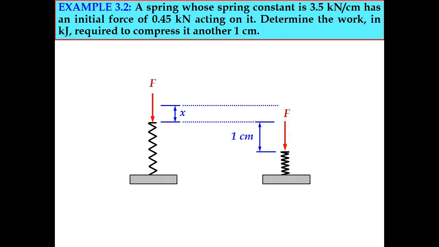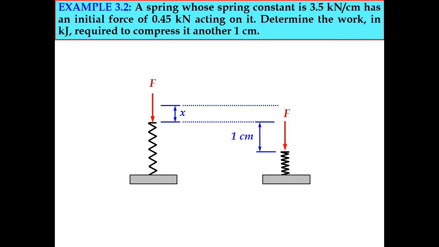What you have to do first is find the value of x for the initial state. For the initial state you already have the value of F and the value of k, so you can determine the value of x at the initial state.